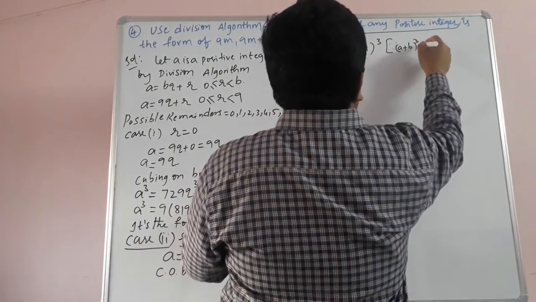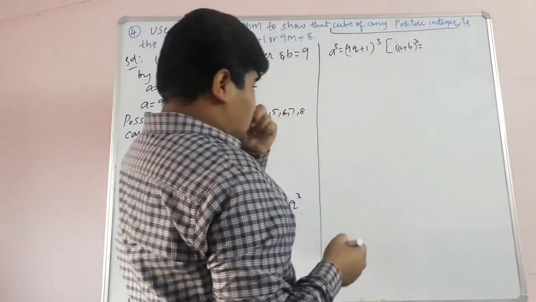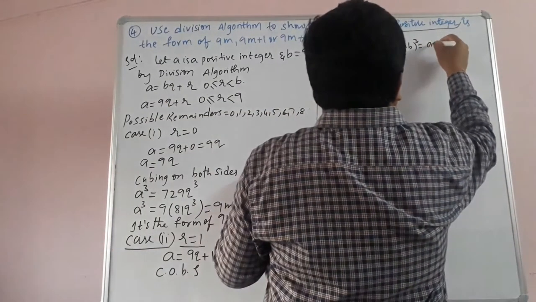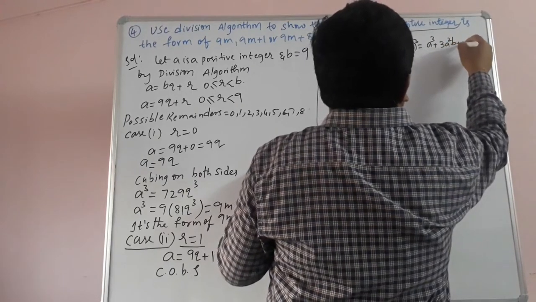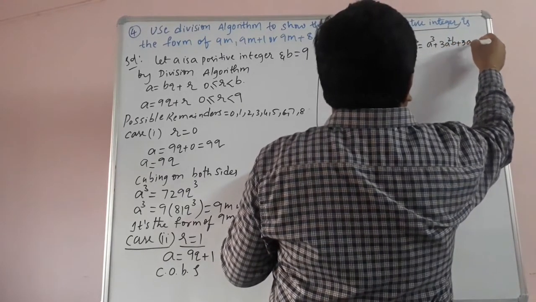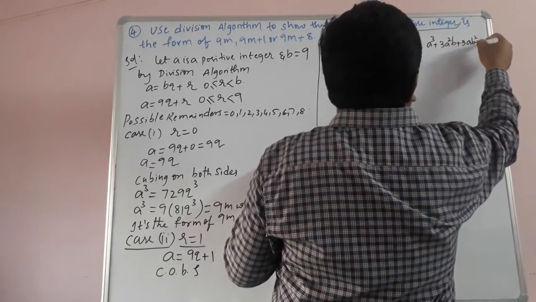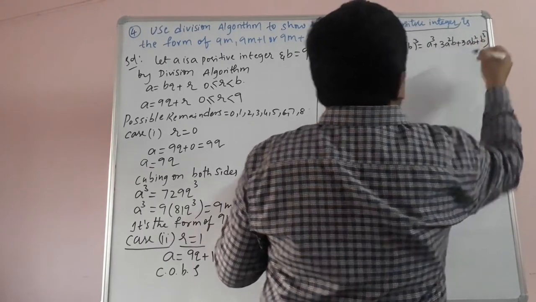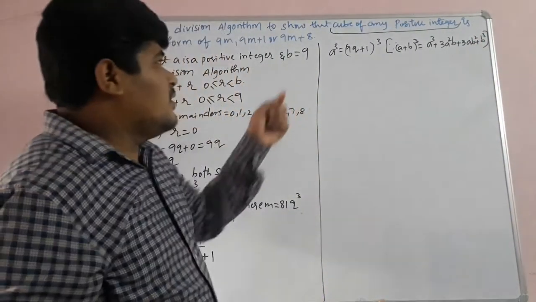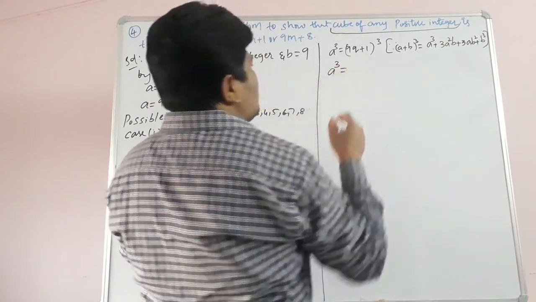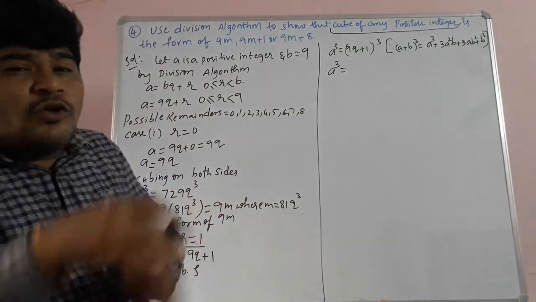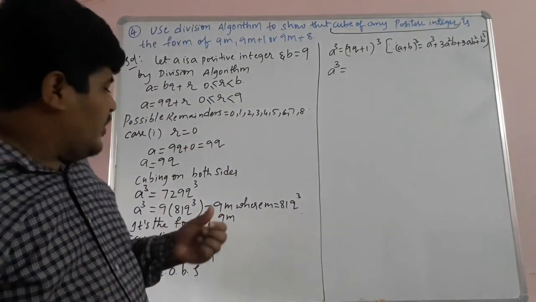The a plus b whole cube expansion is a cube plus 3a square b plus 3ab square plus b cube. So we are using this formula children. a cube means 9q whole cube. What is 9q whole cube?